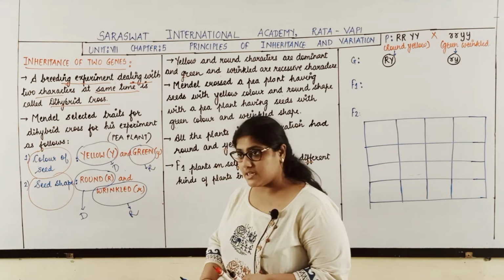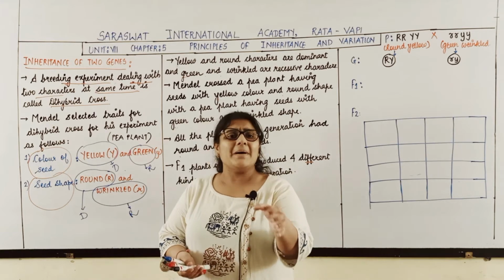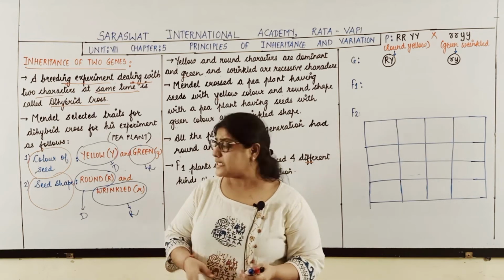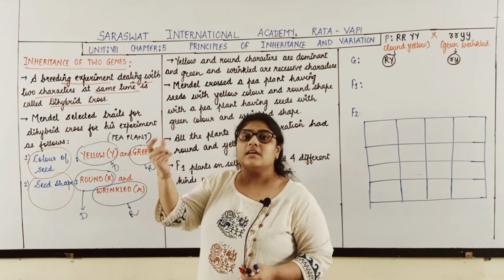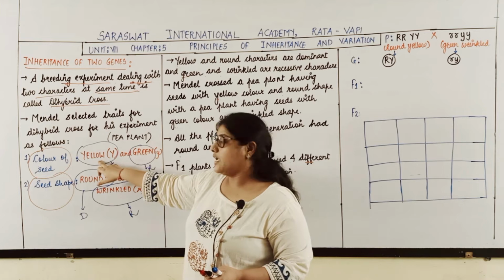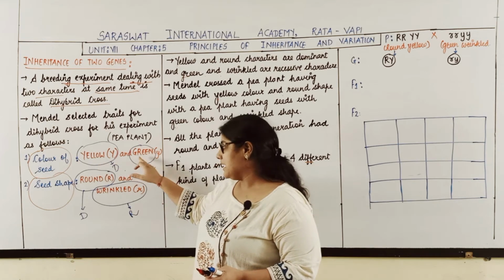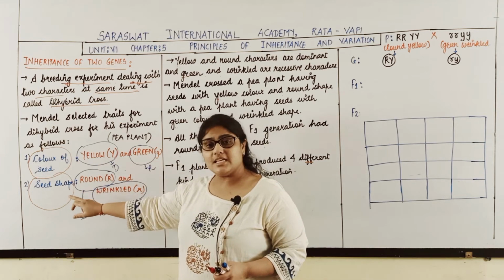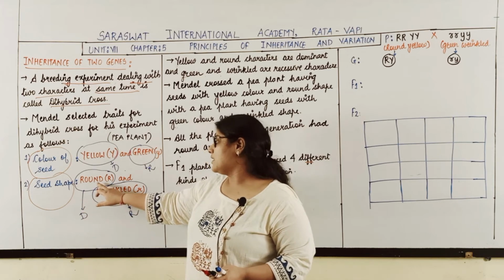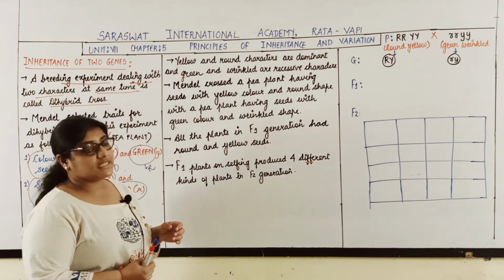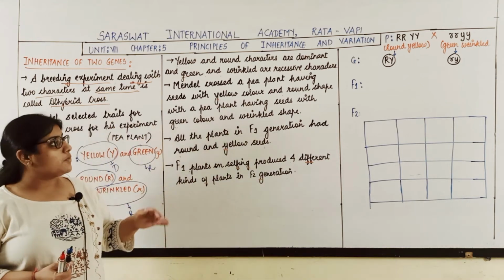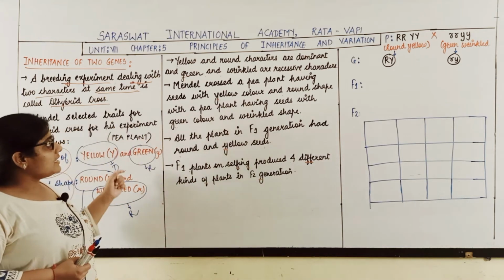So by performing the monohybrid cross, he concluded that when he studied color, yellow was dominant over green, and when he studied seed shape, round seeds were dominant over wrinkle shaped seeds. Now what did Mendel do?